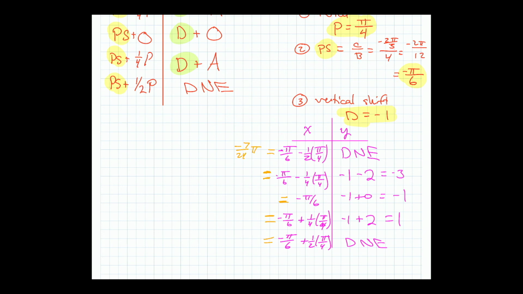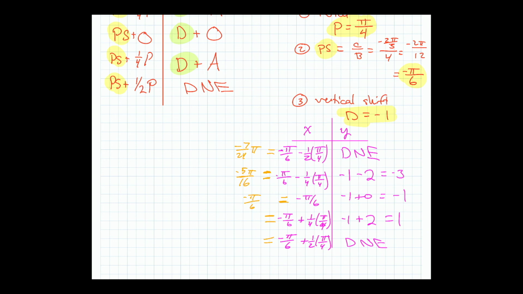That's a good value, right? Next one. Negative pi over 4 minus, it looks like, pi over 16. That's negative 5 pi over 16. Negative pi over 6.